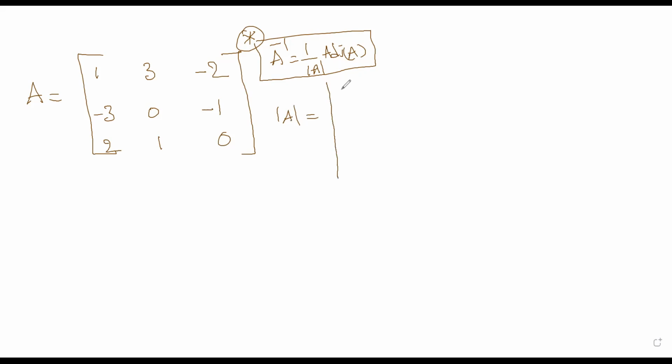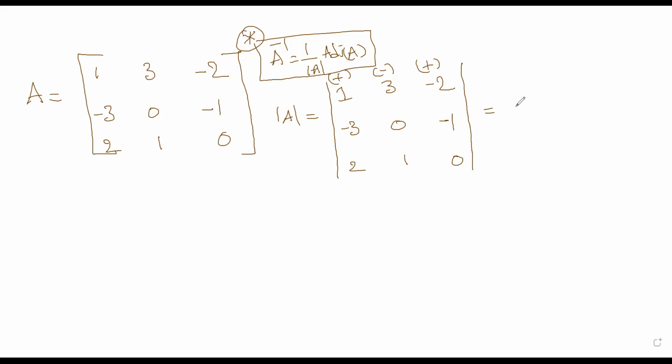So det A is 1 3 minus 2, minus 3 0 minus 1, 2 1 0. So let's find this. Plus minus plus, first put these signs.